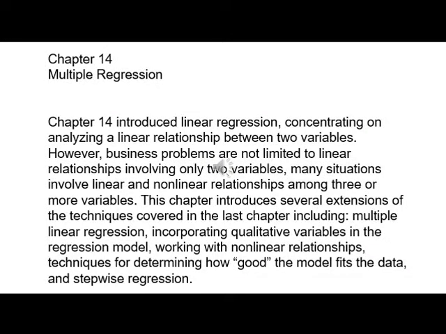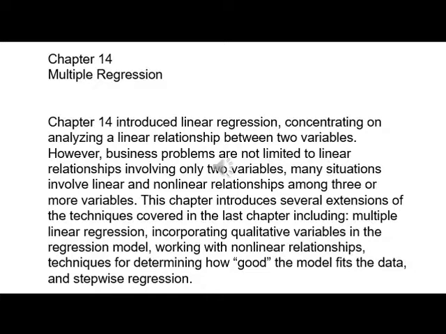Chapter 14. Multiple Regression. Chapter 14 introduced linear regression, concentrating on analyzing a linear relationship between two variables. However, business problems are not limited to linear relationships involving only two variables. Many situations involve linear and nonlinear relationships among three or more variables.